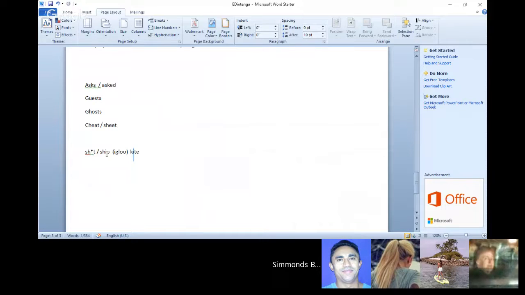Now, in these two words, especially this word, ship. Do you hear the difference? Ship, kite. So these are the two different sounds for the I. This is the weaker sound with ship, and the stronger sound is kite.